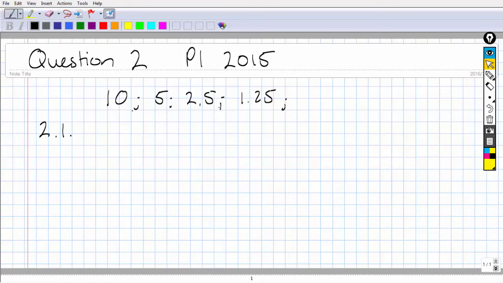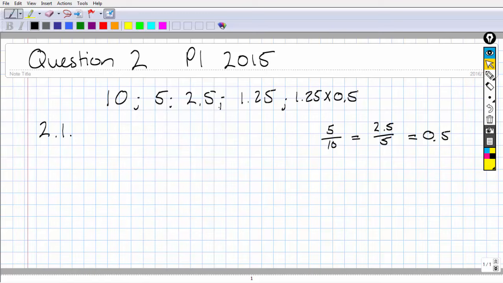The common ratio for this is simply 5 divided by 10, and that equals 2.5 divided by 5, and that equals clearly a half, or 0.5, however you want to write it. Okay, so now we have our common ratio, which is a half. We simply go and say, well, 1.25 times a half. You can divide it by 2, because that divided by 2 is 5, that divided by 2 is 2.5.